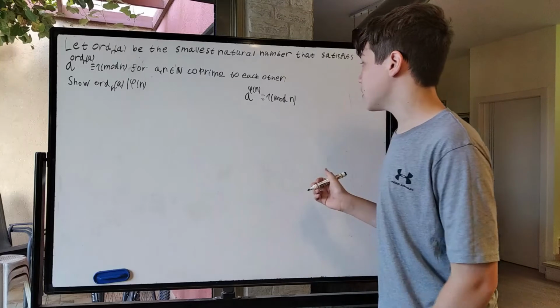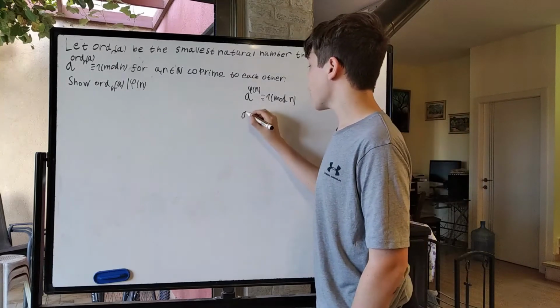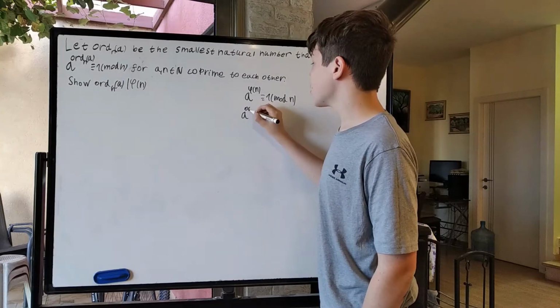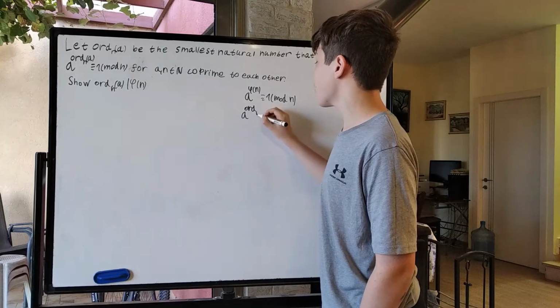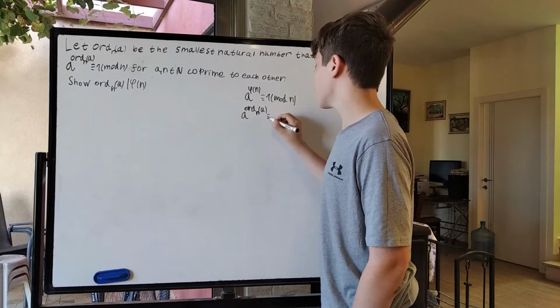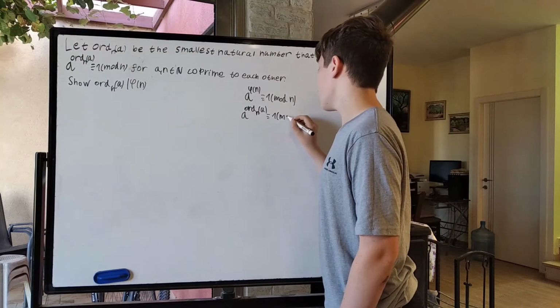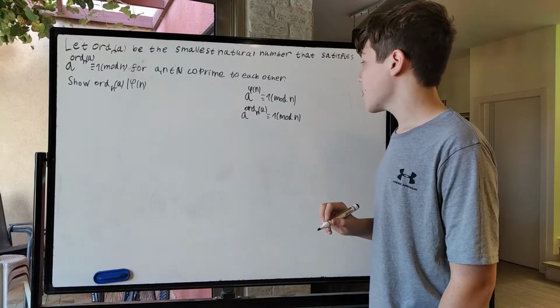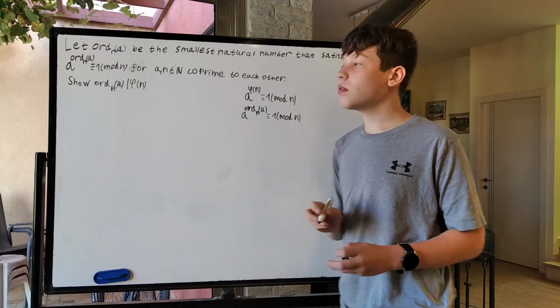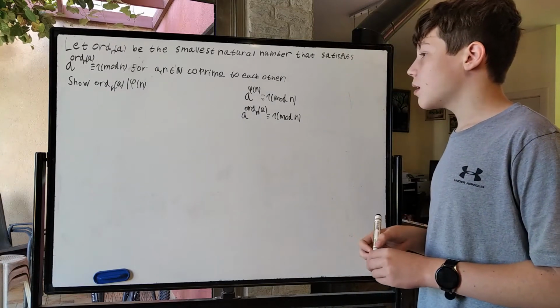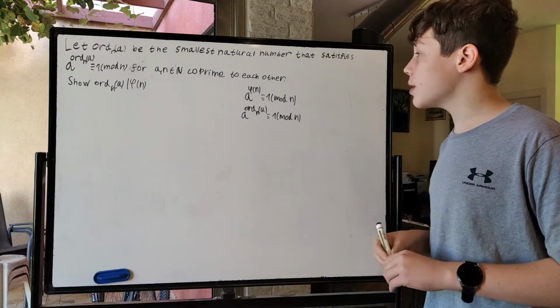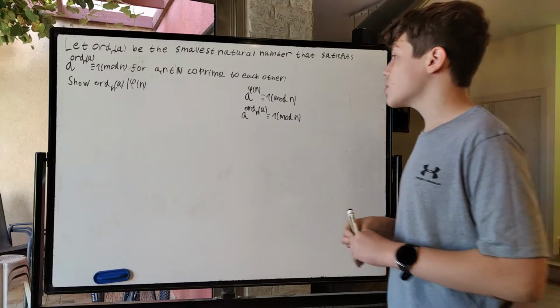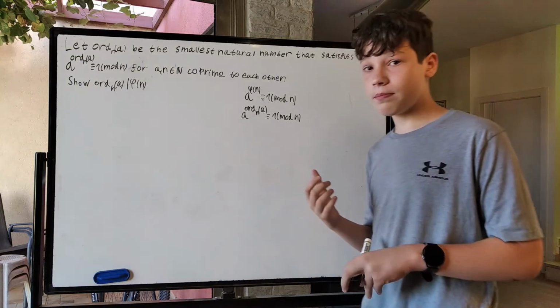So let's first of all write this. a to the power of order a of n is congruent to 1 mod n. At least what I first thought to do here is maybe we'll try a proof by contradiction.